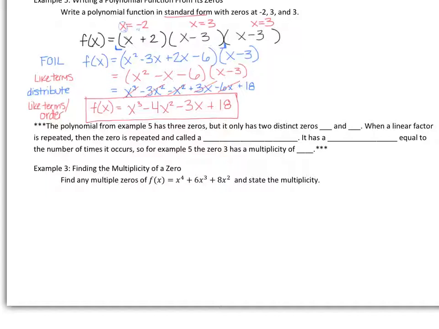So Jalen pointed out that one of the zeros happened twice, and that happens. So this little starred thing talks about that. The polynomial from example 5 has 3 zeros, but it only has 2 distinct zeros, -2 and 3. When a linear factor is repeated, the zero is also repeated and called a multiple zero.